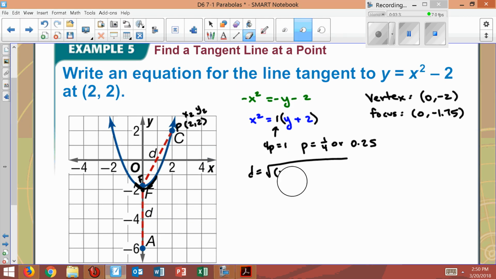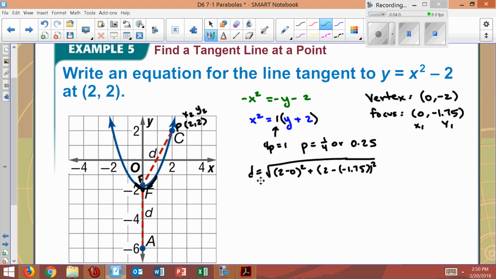This is going to be our x1 and our y1. So I subtract 0 and square it. Then I add that to my y2, which is 2, minus negative 1.75, and I'll square that.